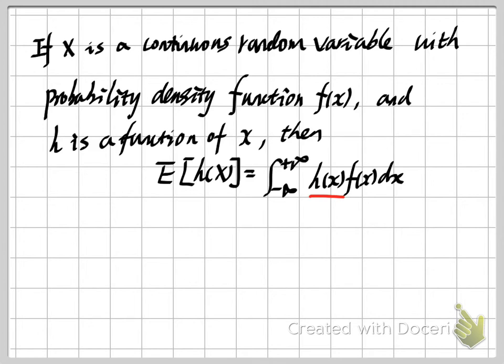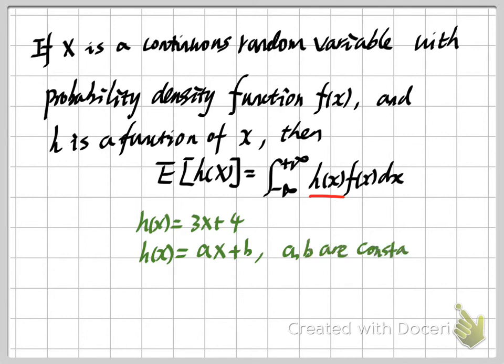It could be a function like h(x) equal to 3x plus 4, where the 3 and 4 can be changed to any constant numbers, so we can also denote this by a and b, where a and b are constants. This is just one example of how to define h(x). There are many more examples of this.